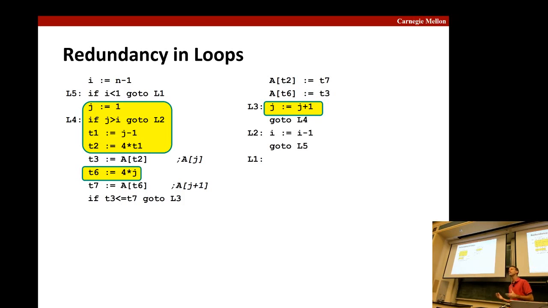Another thing, again, I mentioned it looks closely at loops. So what's done inside a loop and what can we avoid doing inside a loop? So if you recall in this loop, this is the inner loop, we set j equal to 1, we do this test, and then we start this address calculation based on j, right? And then later we do j plus 1.